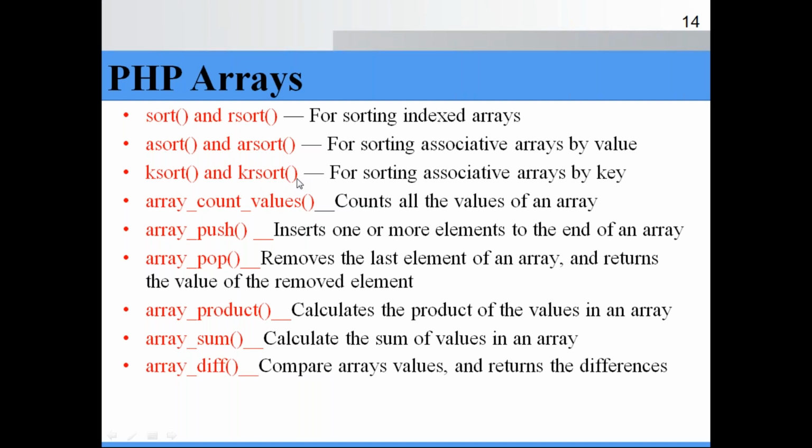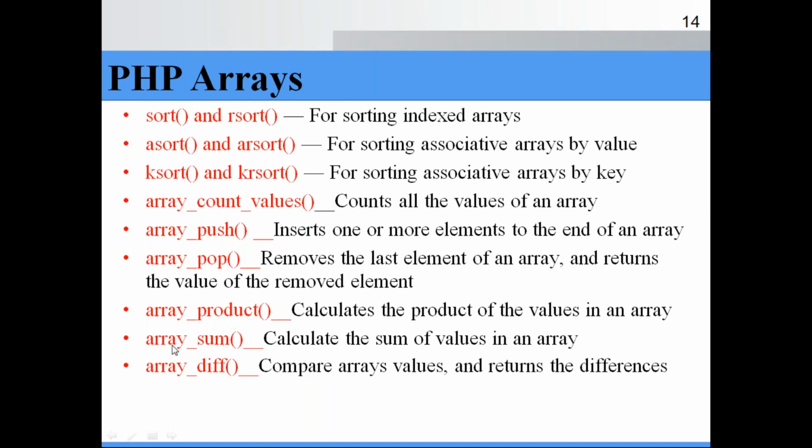These are for sorting on different arrays. If you want to find the number of values, array_count_values. We have seen how to push an element and pop an element. If you want to find the product of all the values in your array, array_product.